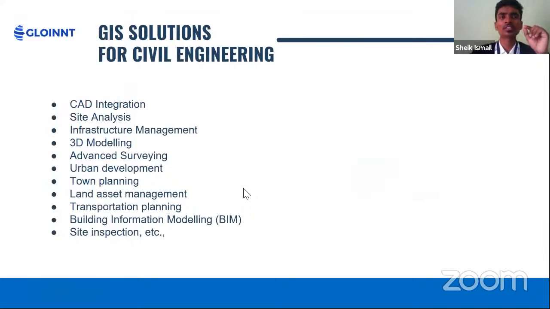GIS solutions for civil. The first thing is CAD integration, integrating your CAD data in GIS format. Civil engineers are always using the CAD format. CAD is nothing but computer aided document.